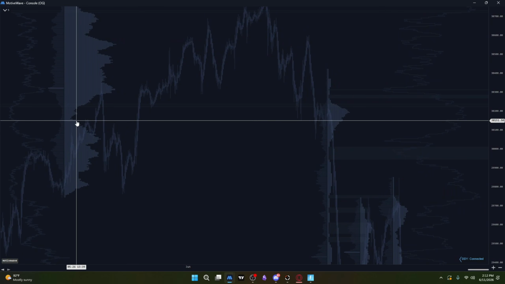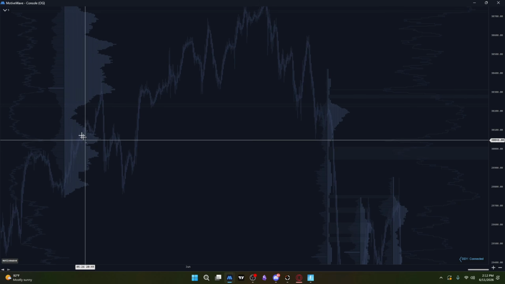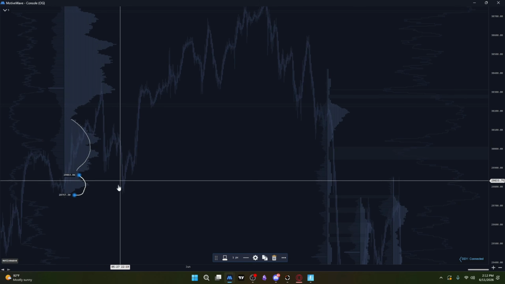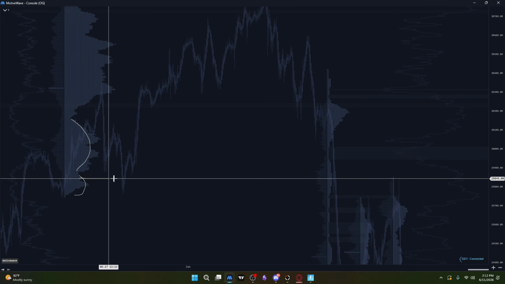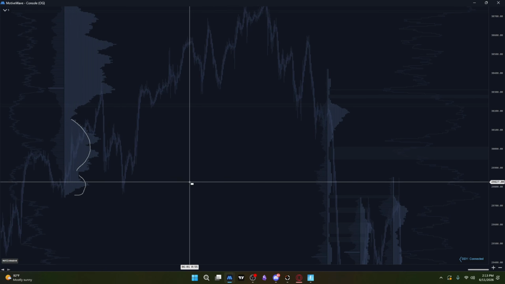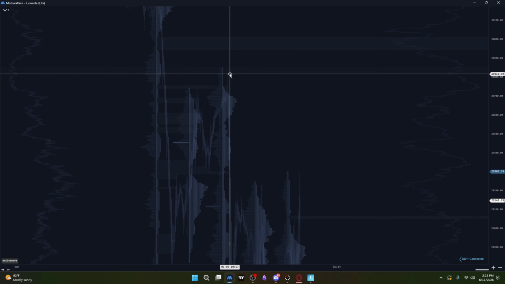I'm looking at this balance now. This balance, we kind of have this, and then you have this minor auction that we had down here. You can see we rejected it from that shelf right here. Or not today, but a few days ago.